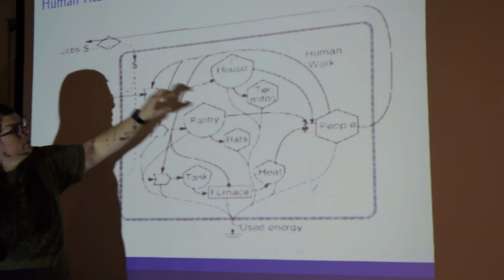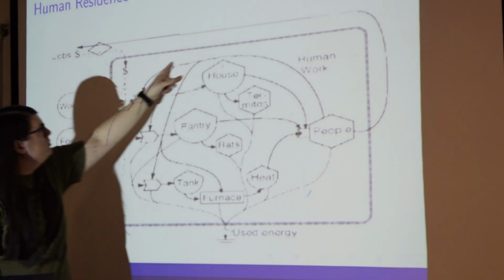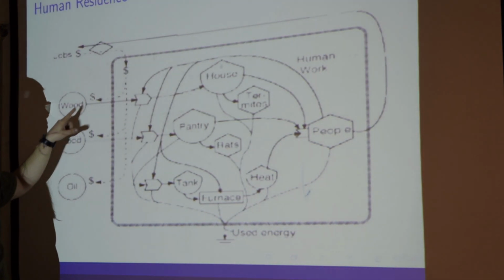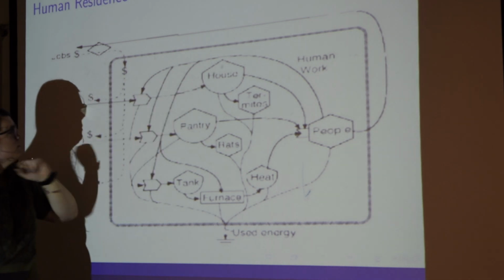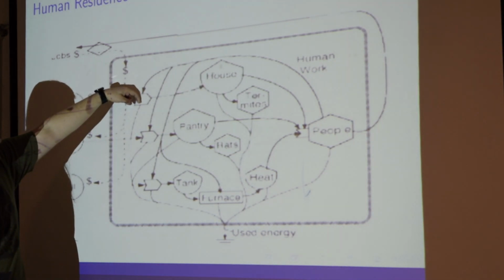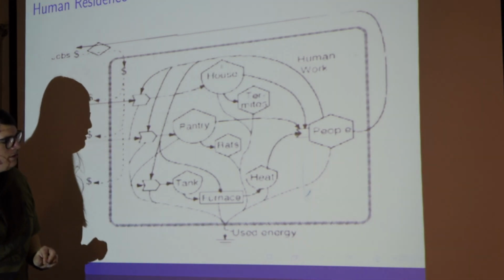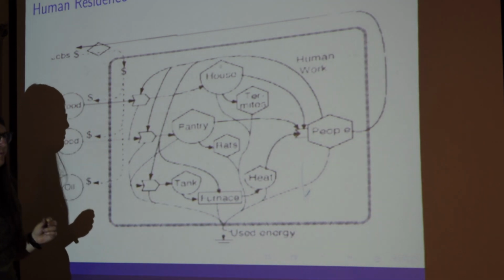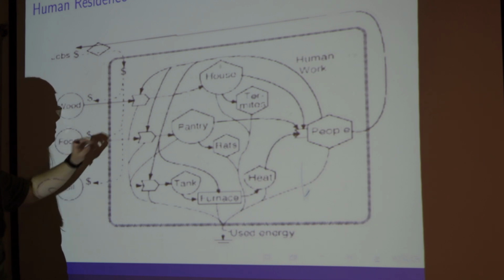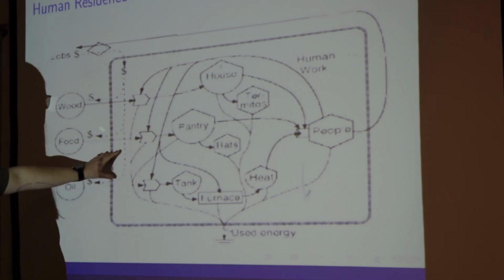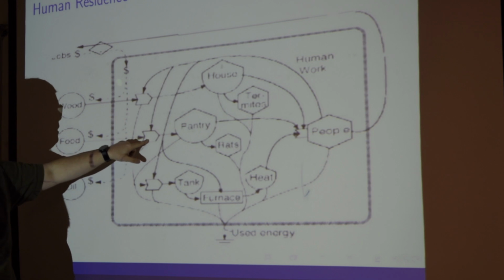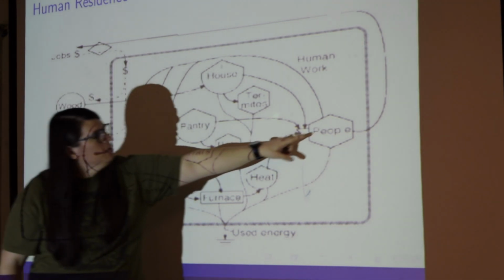What else is coming in here? The people themselves have to put something into turning this wood into the house. So that's what this process is doing. Then this thing coming out of the bottom all feeds down to the heat sink. So here's the food, it comes in, has an interaction with the people, of course.